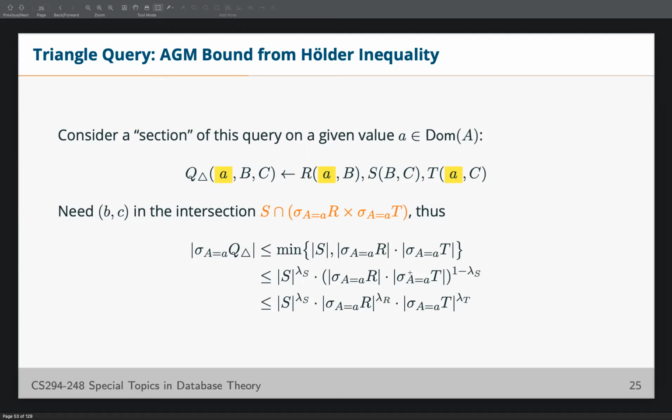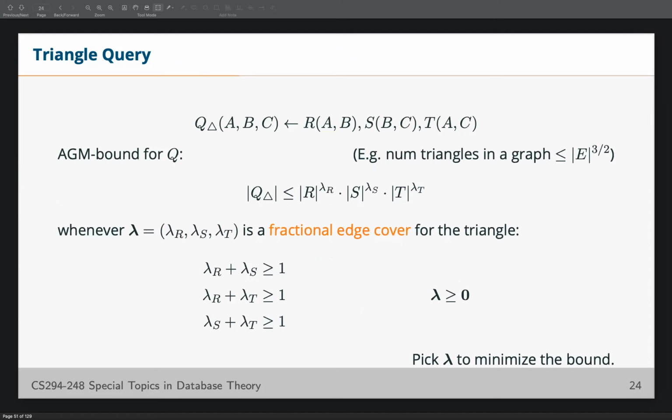Okay, and finally now I can use the fact that lambda s, lambda t form a fractional edge cover. So then 1 minus lambda s is less than lambda t. If you go back to the previous, if you move lambda s to this side, 1 minus lambda s is less than lambda r, and 1 minus lambda s is less than lambda t.